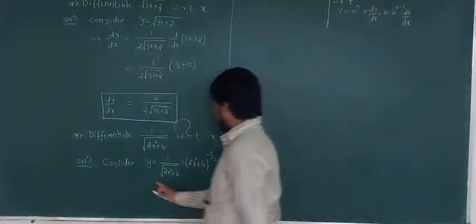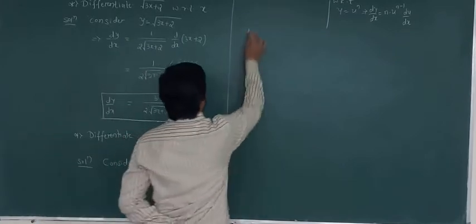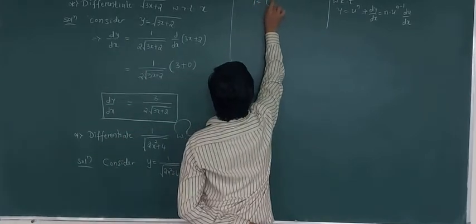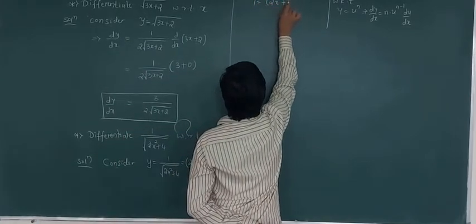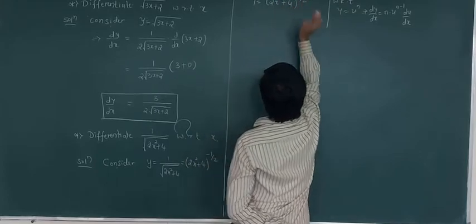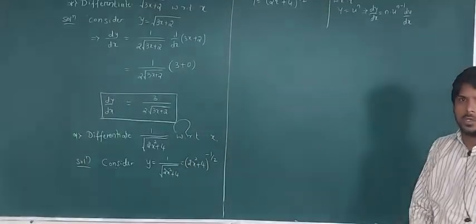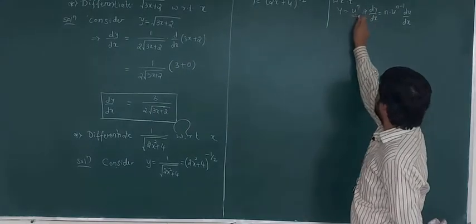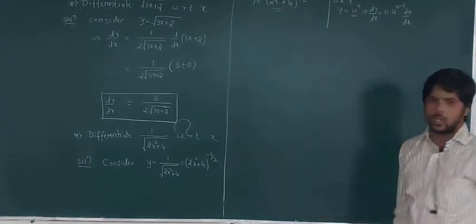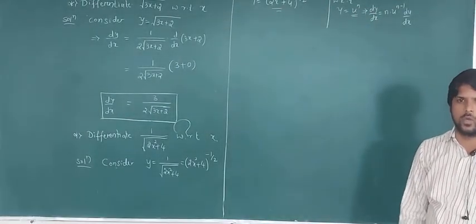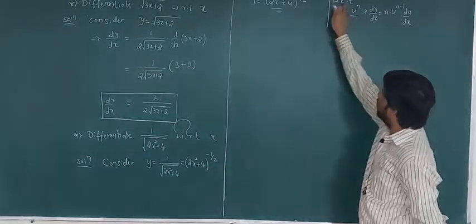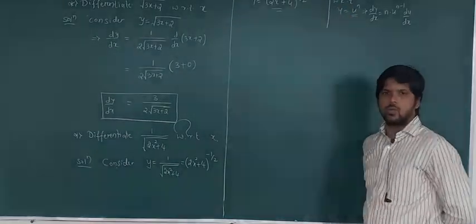Here we have y equal to 2x square plus 4 whole to the power minus 1 by 2. So comparing these two, in place of u we have 2x square plus 4 and in place of n we have minus 1 by 2.